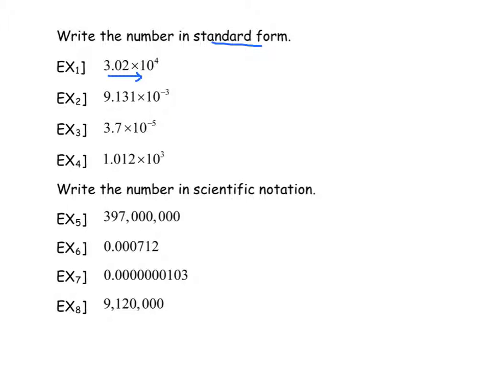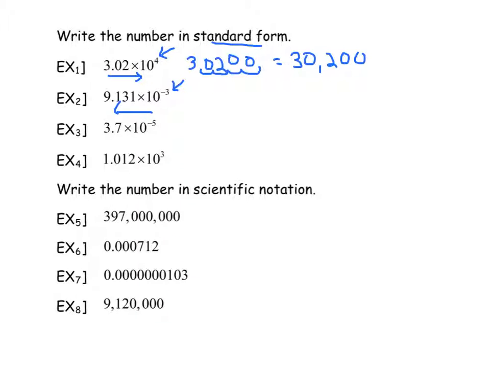So all I do is take 3.02 and move the decimal to the right that many places, 4. So I'm going to go over 1, 2, 3, 4, and then add zeros. So this number is 30,200.